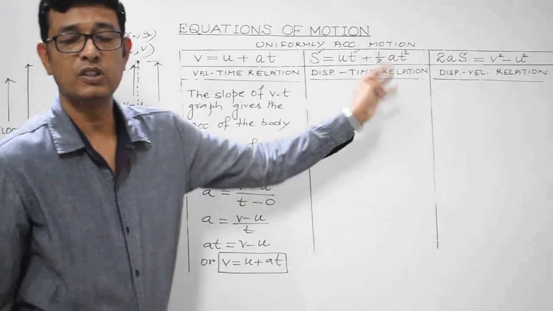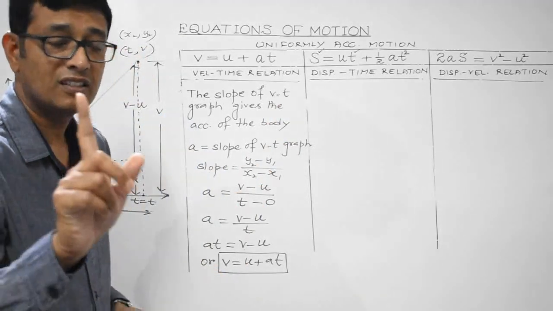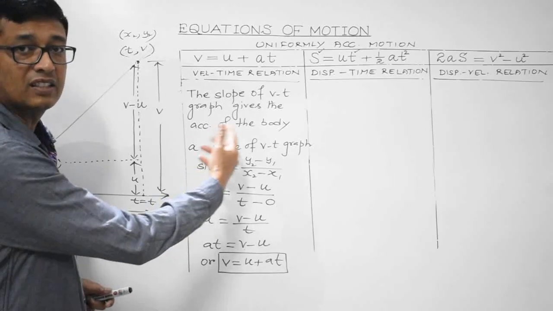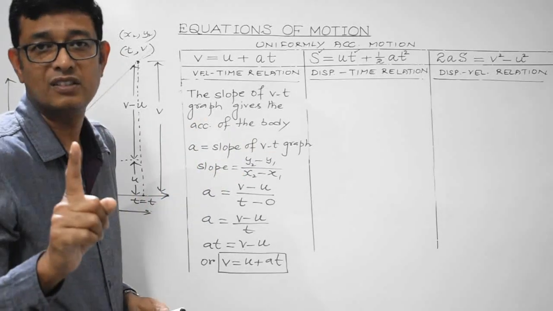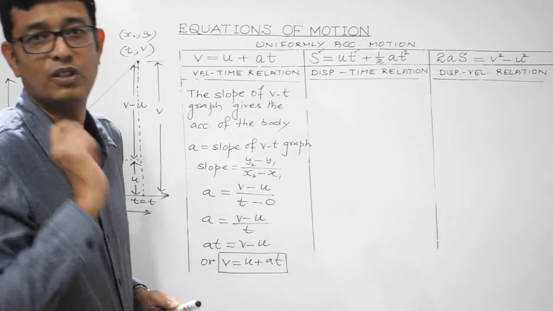Okay, let's prove this one. I have told you two importances of the velocity time graph. One is that the slope of the VT graph gives us acceleration. The second one, students, is that the area under the VT graph gives the displacement covered by the body.